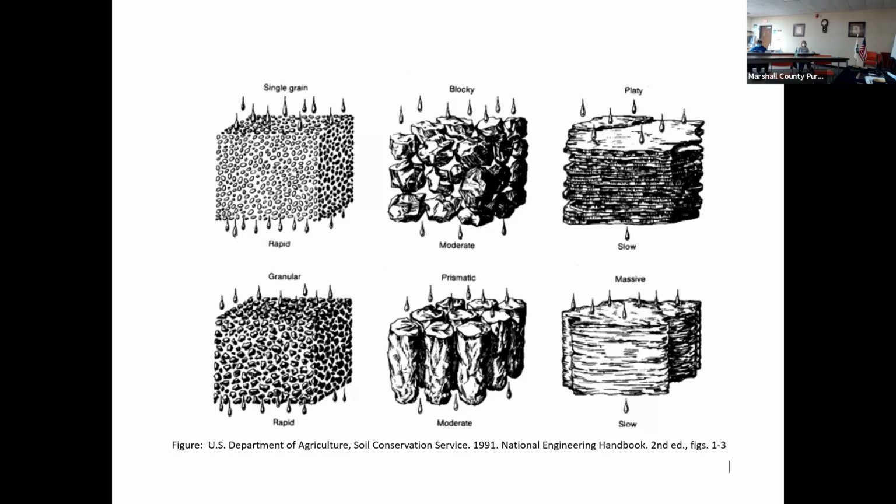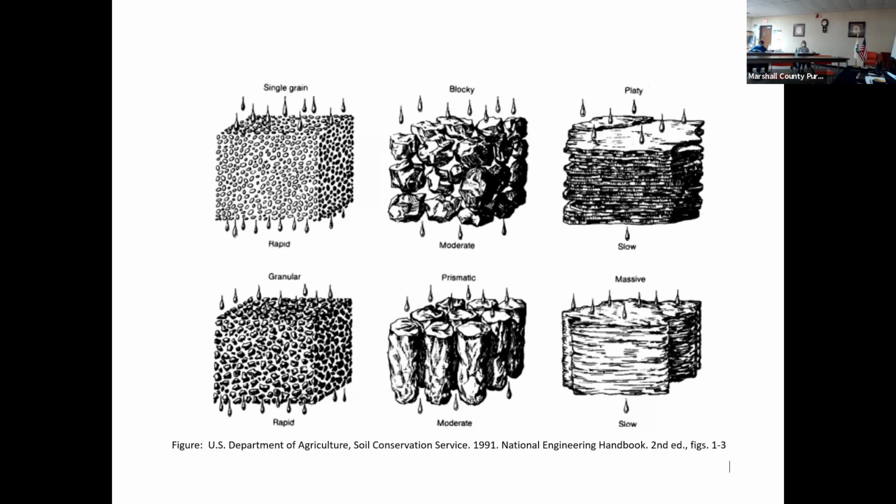As we go into blocky and prismatic type structures, it does slow down the water infiltration in the B layer, which is not all bad, because when we need water in the A layer and in the B layer for plant growth, that will slow the movement of the water, so that may retain some of it in that area for the plant to use.